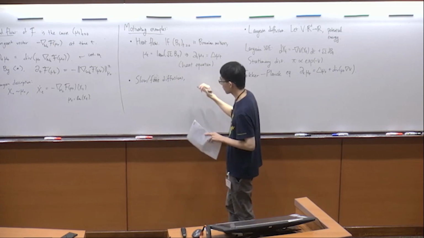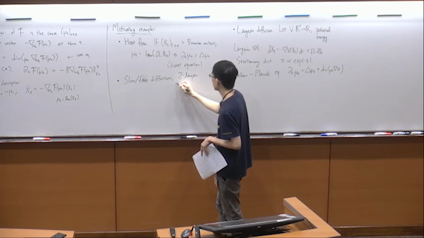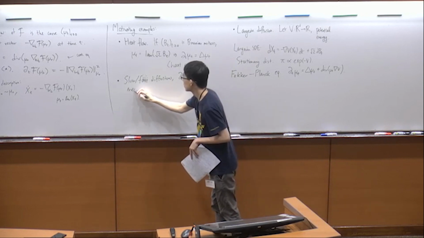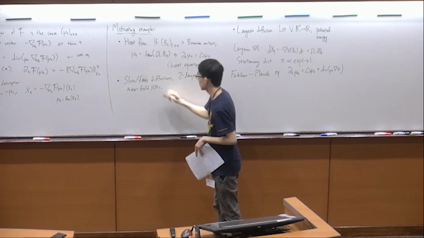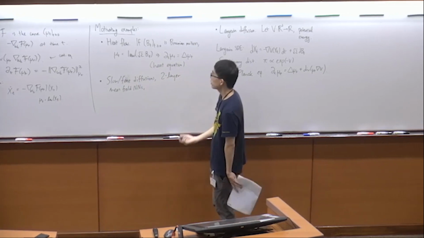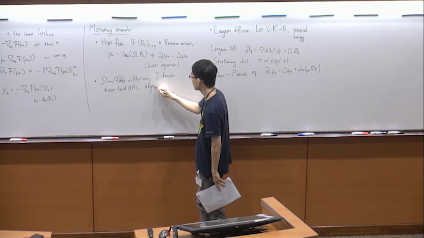Within machine learning, there was this theory of two-layer mean field neural networks. In my own work, I've also been using Wasserstein gradient flows to develop algorithms for variational inference.